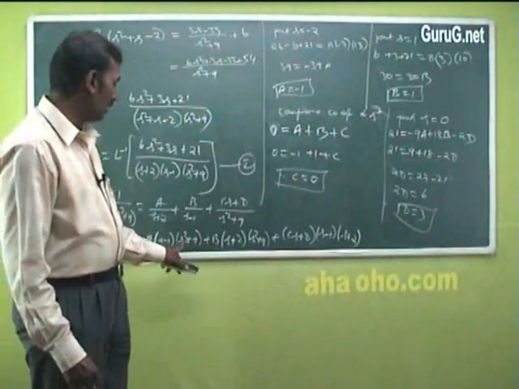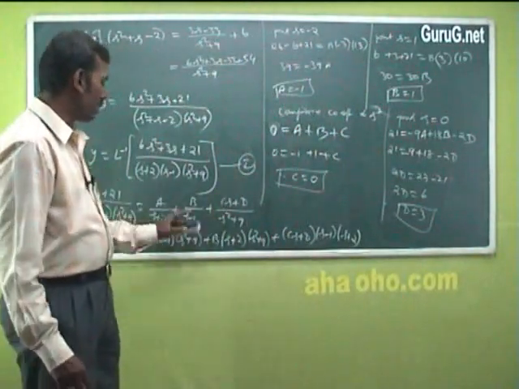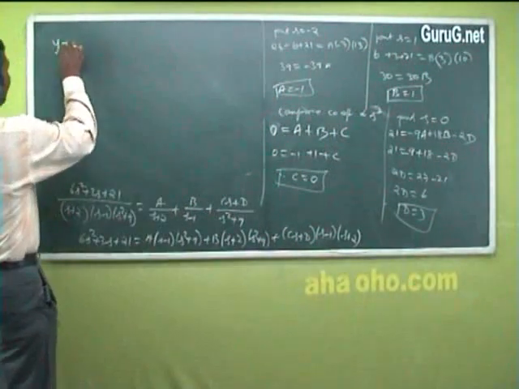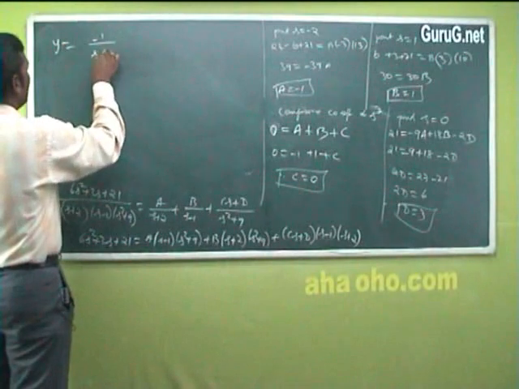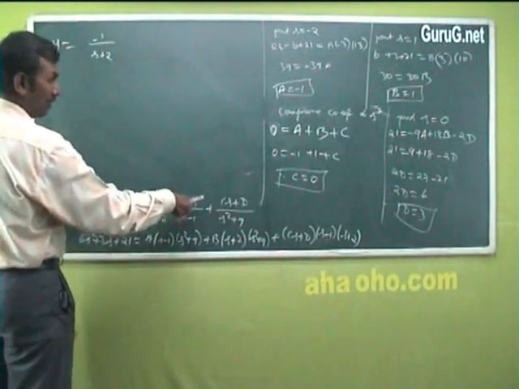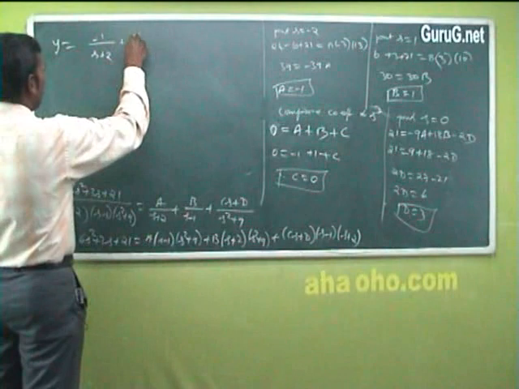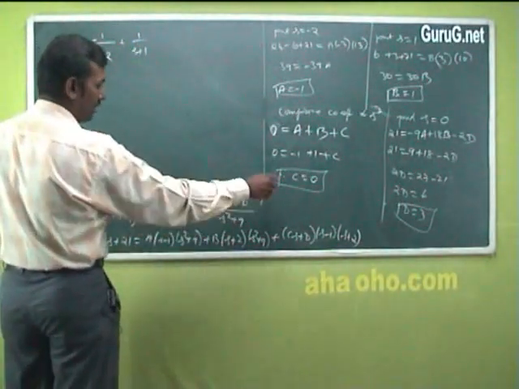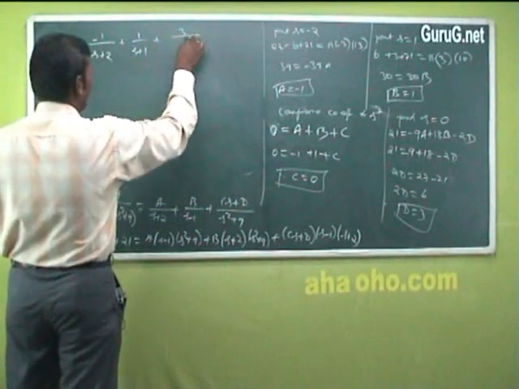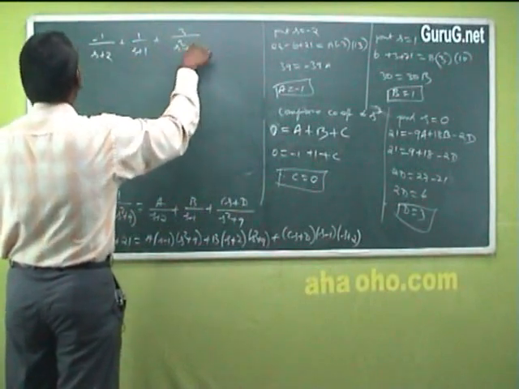So now we calculated all the constants, substitute in this. Y equals, a is minus 1, so minus 1 by s plus 2, b is 1, so plus 1 by s minus 1, c is 0, d is 3, so 3 by s squared plus 9.